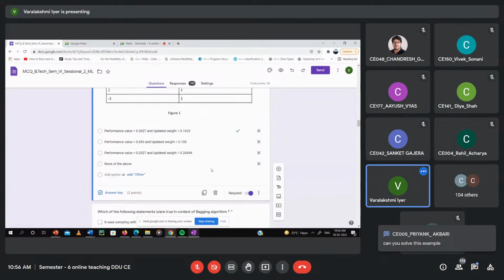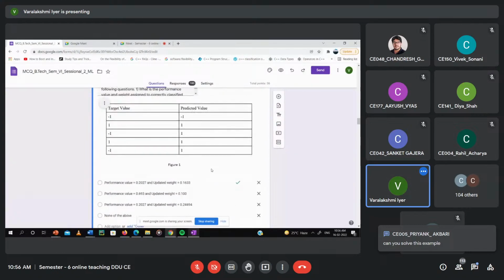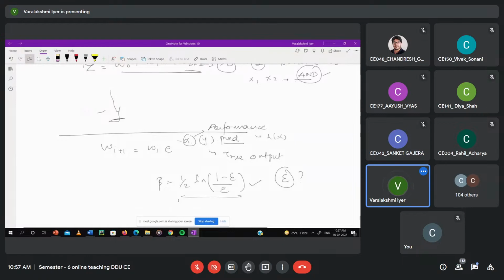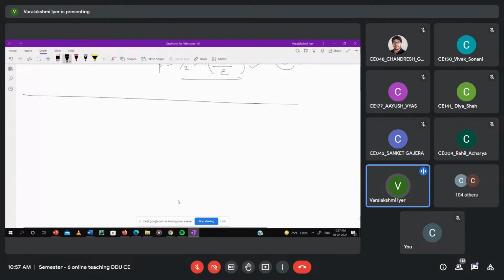Right. Fine. So Priyank, if you recall the AdaBoost algorithm that we had discussed in the classroom, what was the case? First you have to estimate the performance of the model, and you have to calculate the weight update for correctly classified samples.